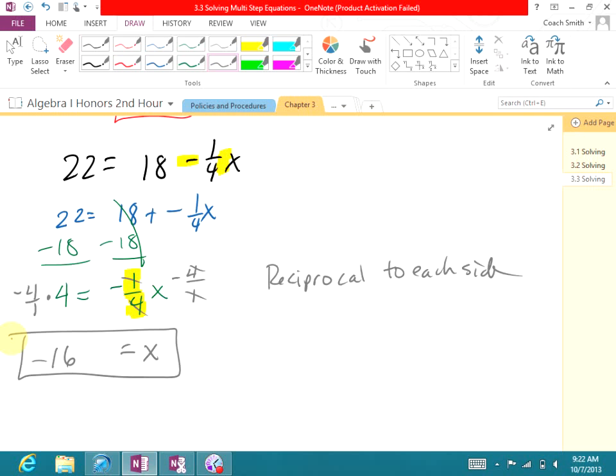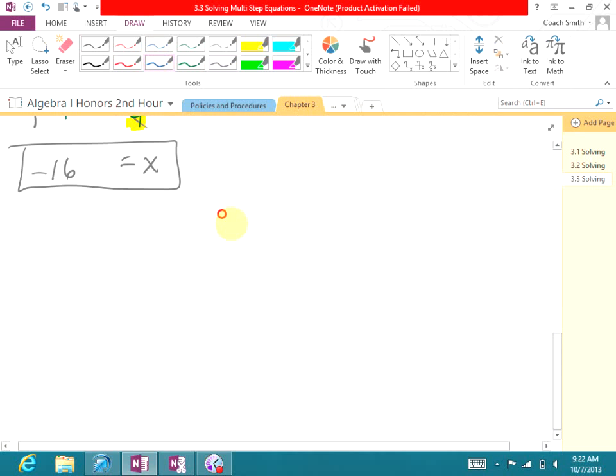All right, next, let's talk about combining like terms before we solve. Let's look at this one. So this is combining like terms.